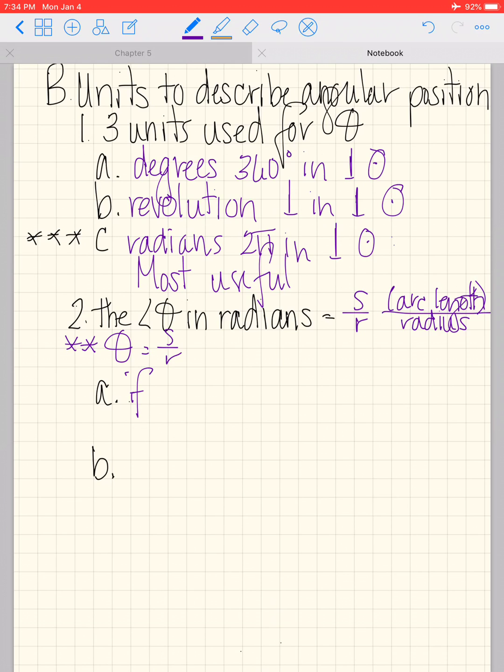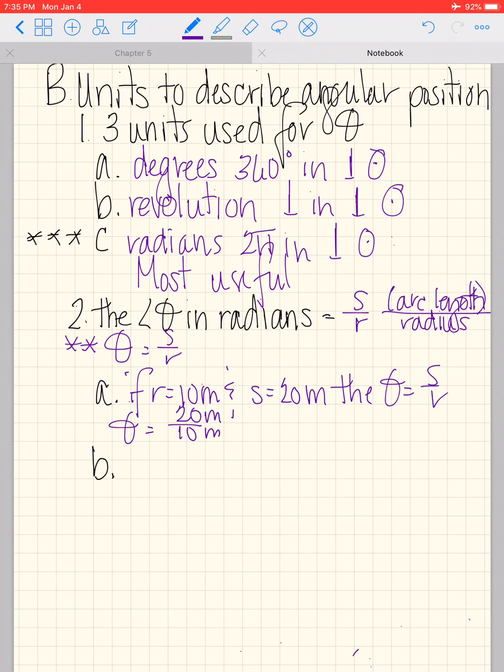If my radius is equal to 10 meters and my arc length, S, is equal to 20 meters, then if theta is equal to S over R, what I really have is that theta is equal to S, which is 20, all over R, which is 10, and this is meters, and this is meters.